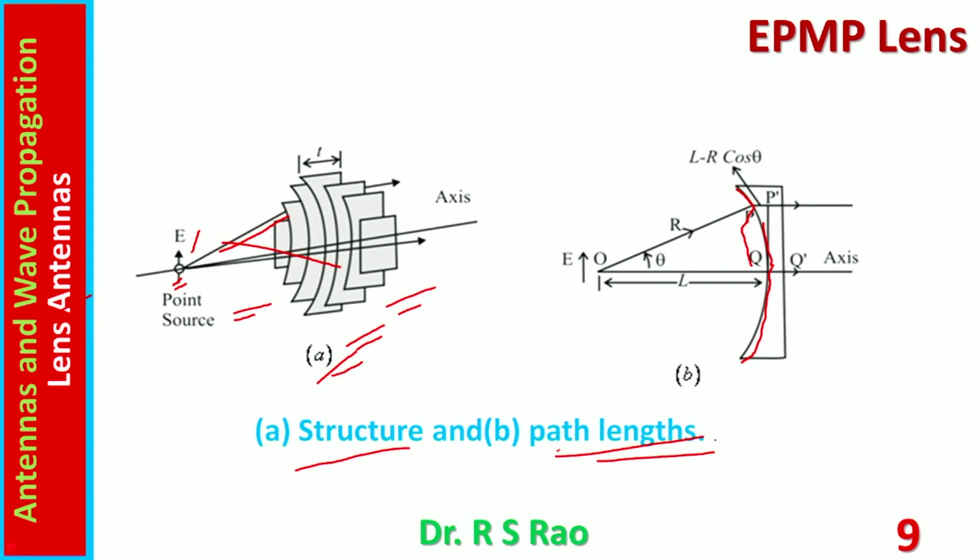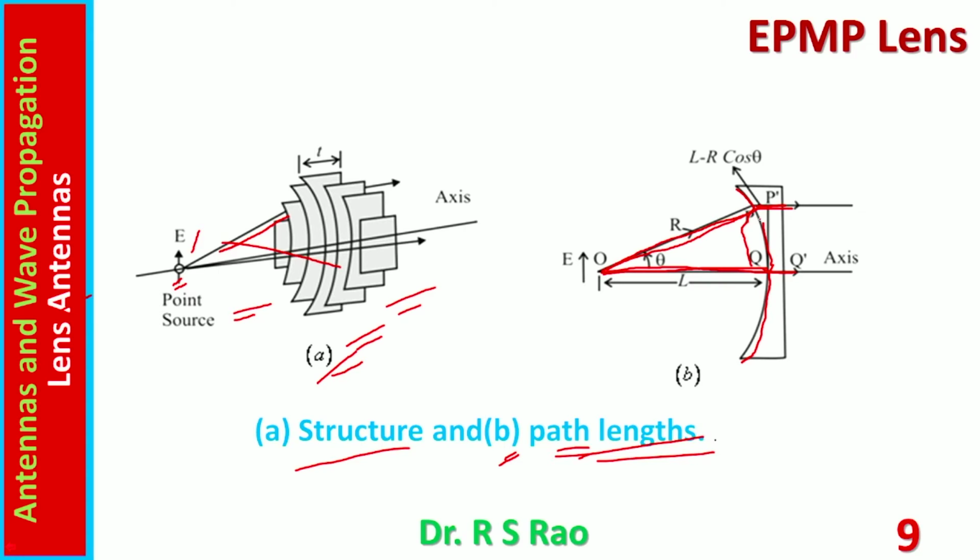Now path lengths are illustrated in B. We can consider two rays. This is one ray, this is another ray. Both are emitted by the same source. Origin is the same, starting point is the same.